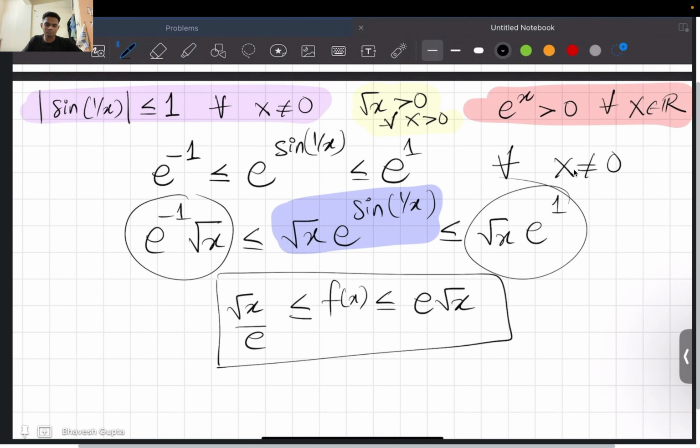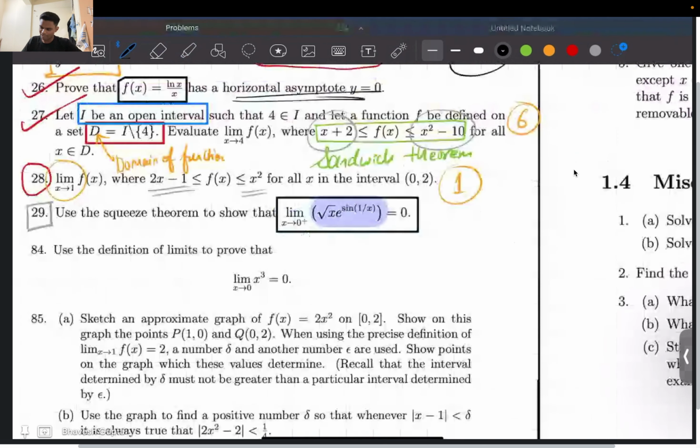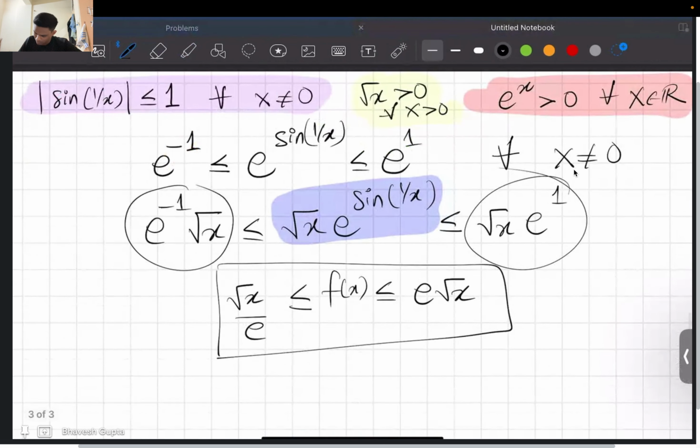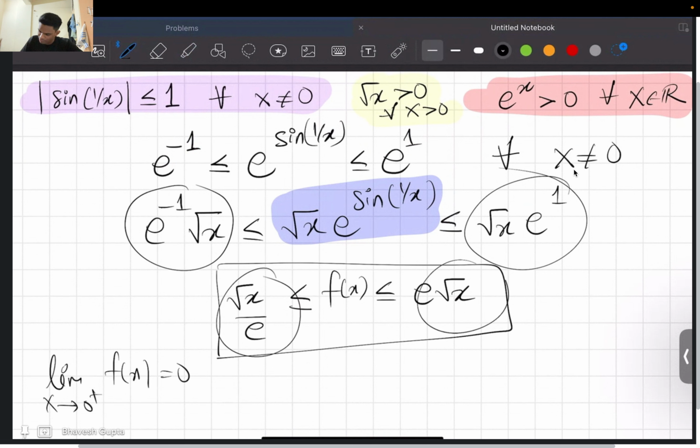Now we just have to find out the limiting value. In order to find this, just prove they tend to 0 as x tends to 0. And you can see this also tends to 0 as x tends to 0 plus, right? So definitely, hence proved.